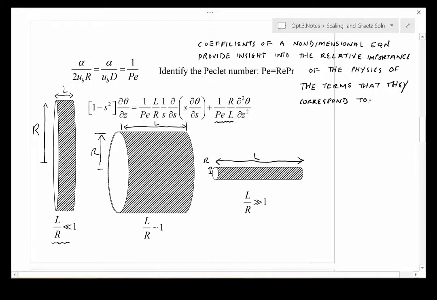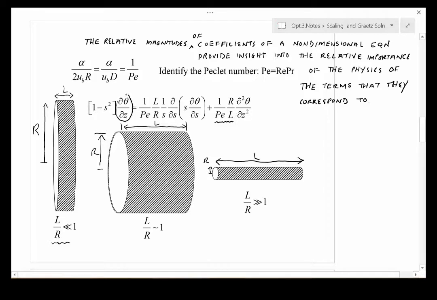And maybe I should say the magnitude of the coefficient. In fact, it's the relative magnitude. So let's put that up here. The relative magnitudes of coefficients of a non-dimensional equation provide insight into the relative importance of the physics of the terms that they correspond to. What I mean by that is the coefficient of this term d theta dz.